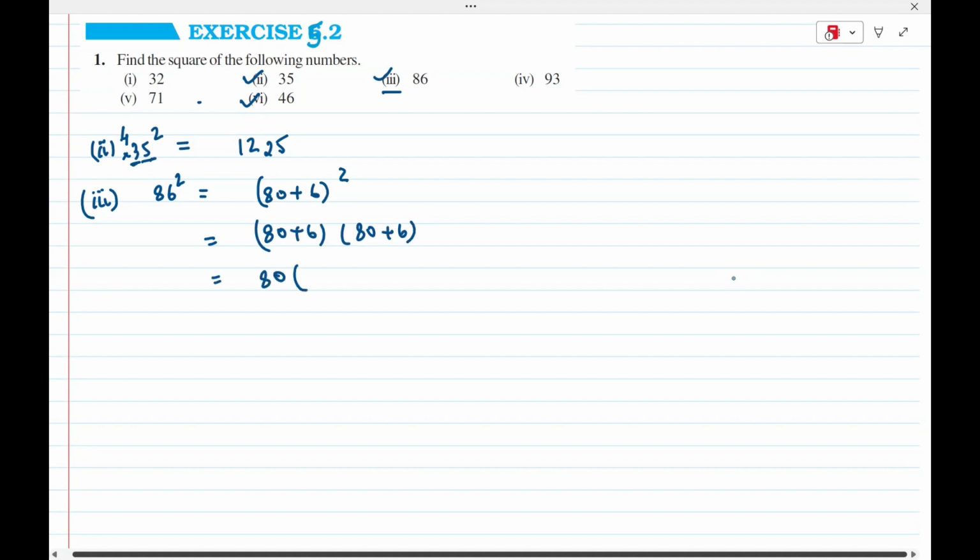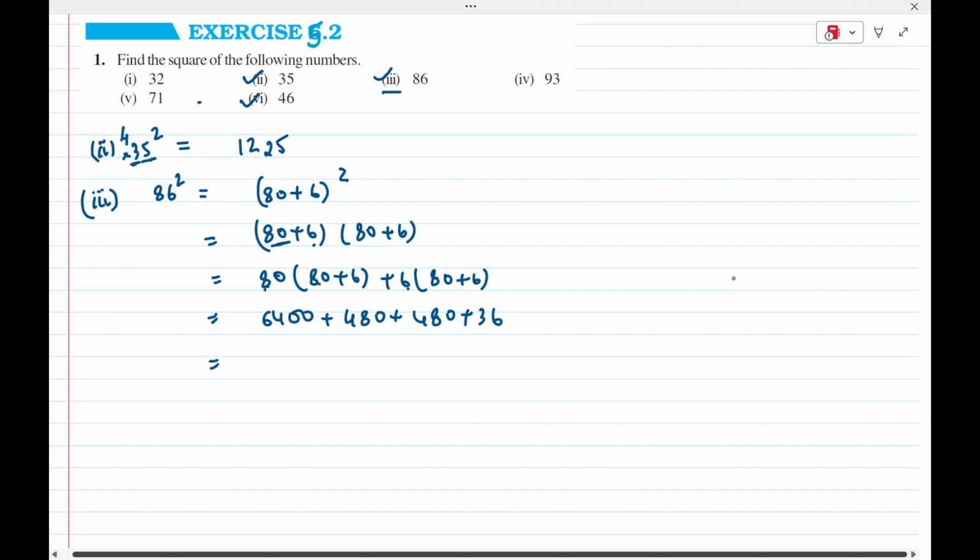So 80, the first number, times the second bracket, and the same with the second number and the second bracket. And simply solve it. 80 into 80, 6400. 80 into 6, 480. Here also 480, and 6 into 6, 36.